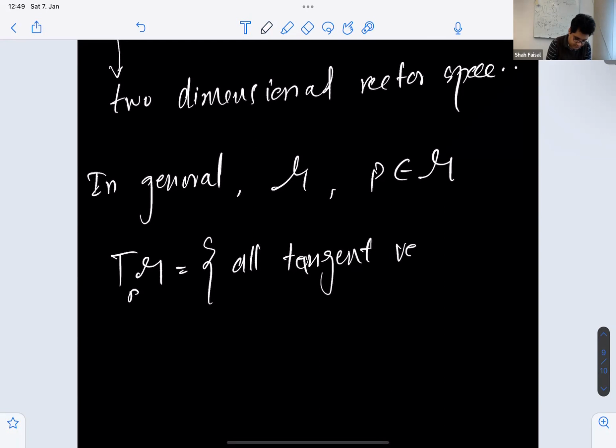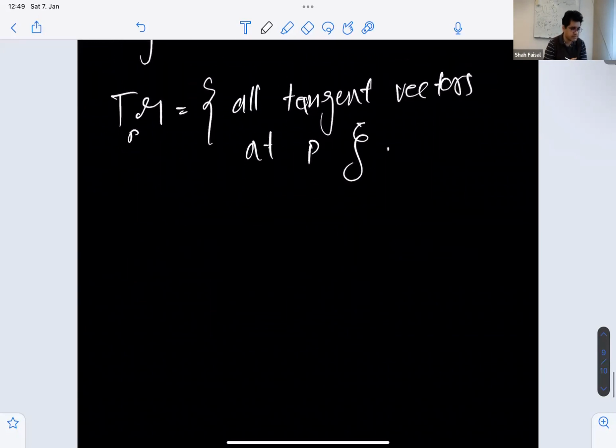For a general manifold, it's very hard to draw, because the manifold can be very weird. It could be in higher dimensions and you might not be able to visualize it. But what we can see is the following observation.